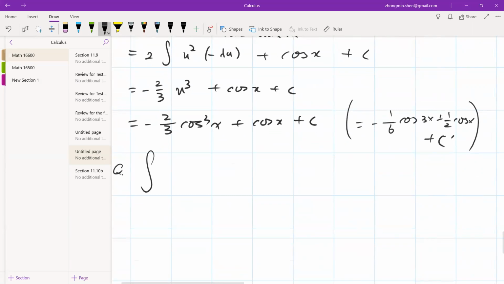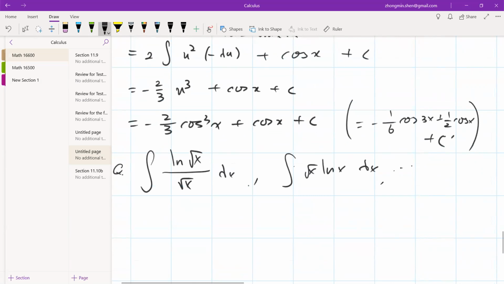The next typical problem is such as square root of x times natural log x dx. There's one function, natural log x, and the other one is a power function.